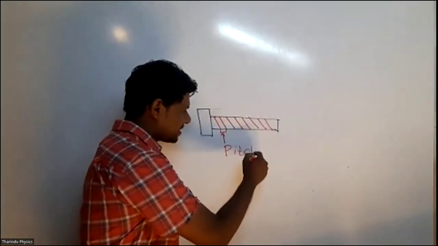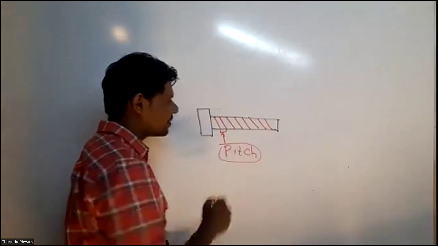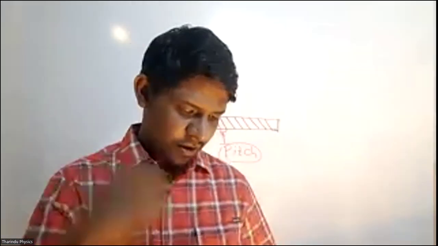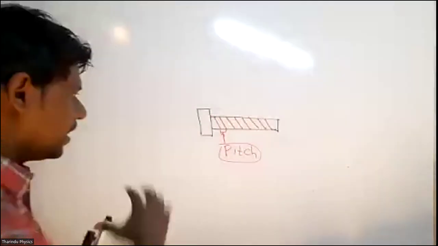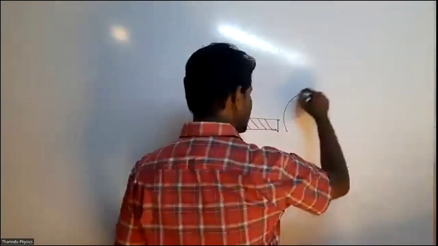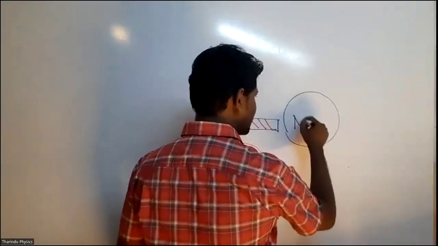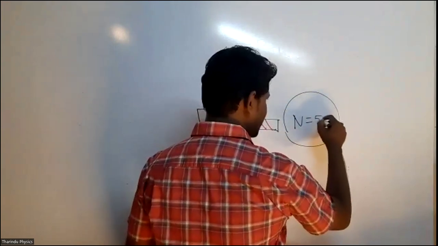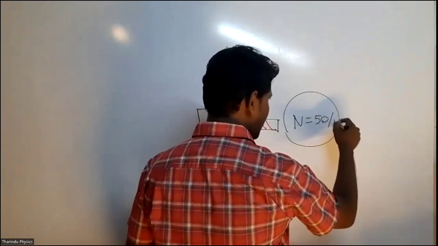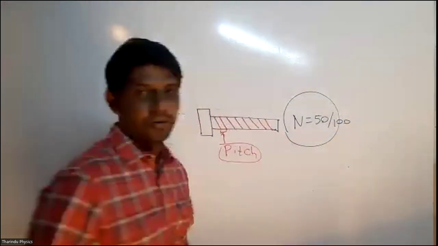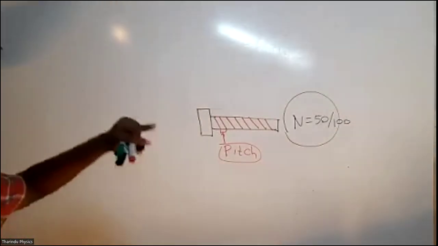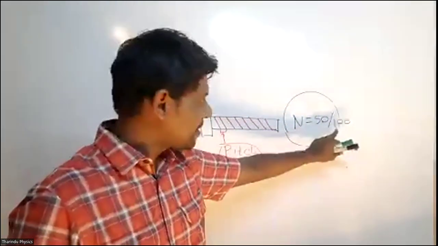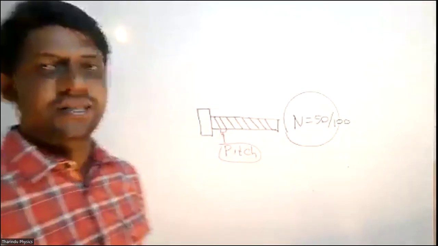You are going to divide a pitch into a certain number of divisions in a main scale. Normally it can be 50 equal divisions, or 100 equal divisions.